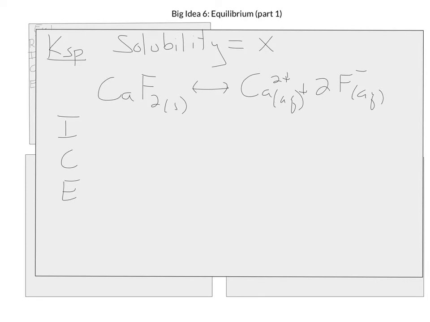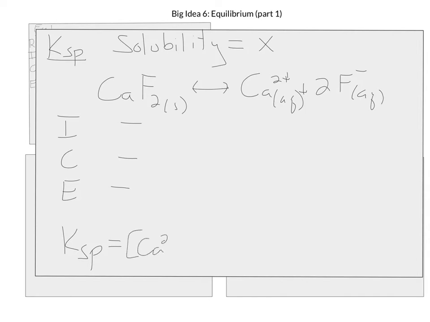The ICE charts here are important for solubility because solids will never appear in the Ksp expression. So the Ksp will never have the solids with it, and the solids are always on the reactant side because we're talking about how these solids dissolve. That's how the solubility product is defined.